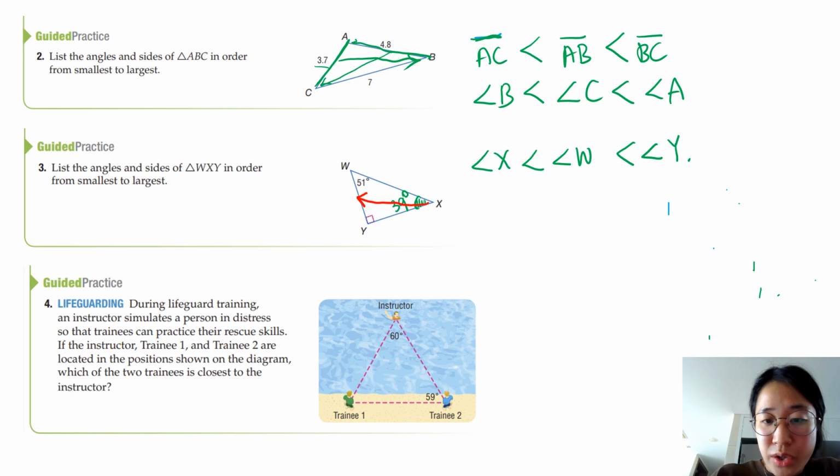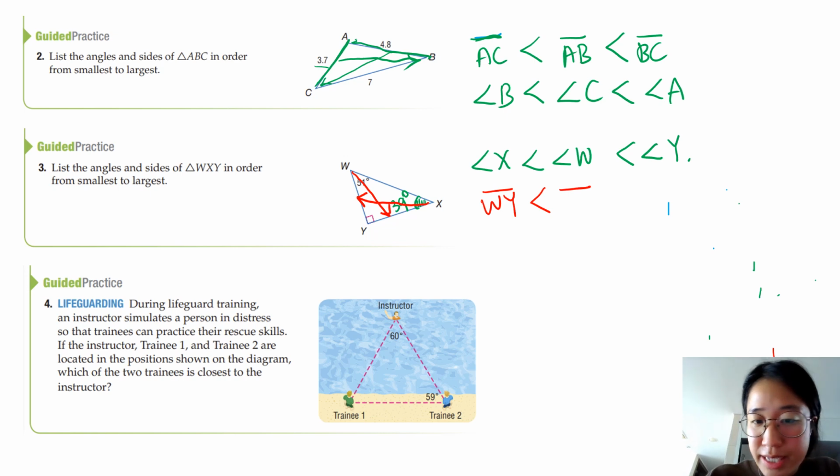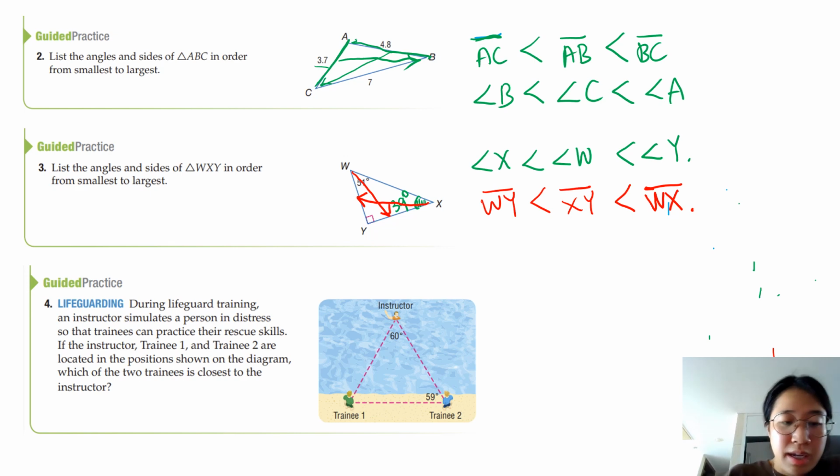So the opposite to X is WY, is the shortest, has to be shortest. And next is opposite to W, so that's XY. And what's the last one? Is WX. Okay, very good.